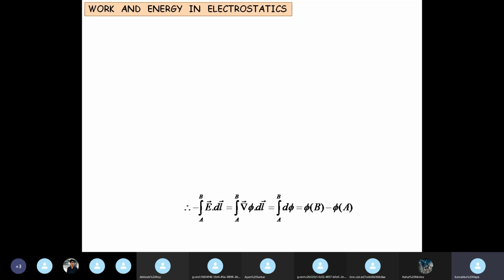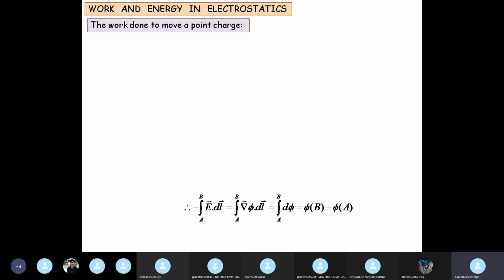There is work to be done in moving under the influence of an electric field, and we saw that the force is conservative and irrotational, and there is a scalar potential associated, like mechanical forces, which we call the electrostatic potential here. So obviously there is some energy that is stored as potential energy in an electric field. So we have to now calculate the work and energy in electrostatics related to charge distributions.